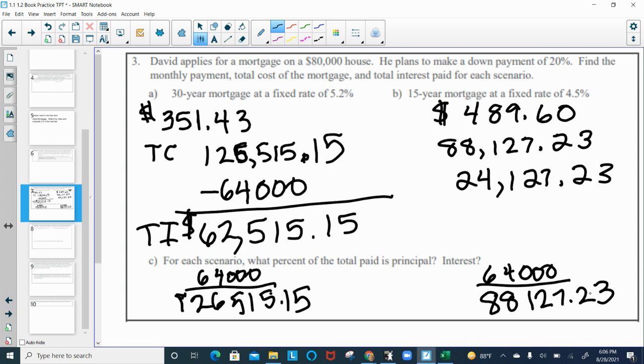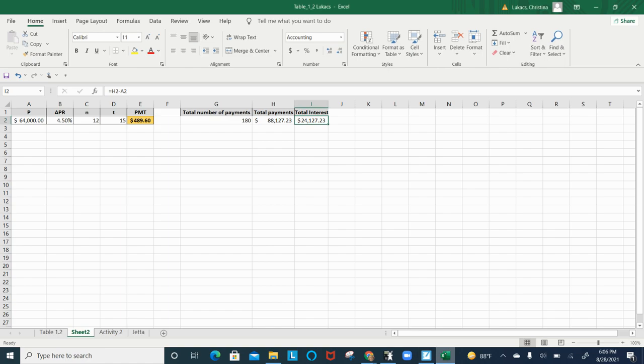So, you don't have to be fancy about it all the time, but you can do this: equals that divided by, let's see, total payment. Oh, I did that wrong. They wanted the principal. One sec. There we go. Equals principal. There we go. Divided by total payment.